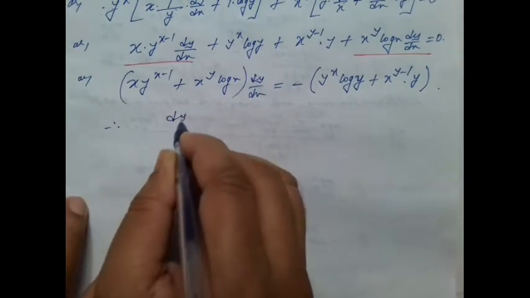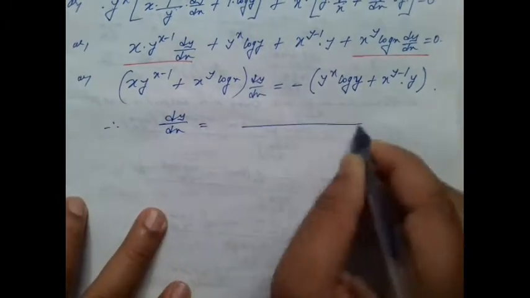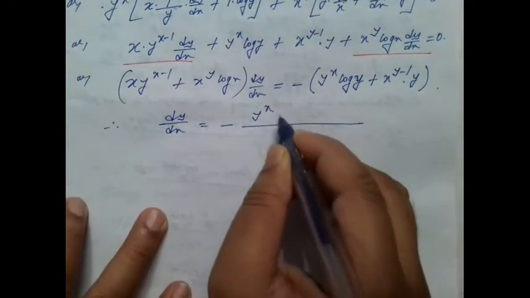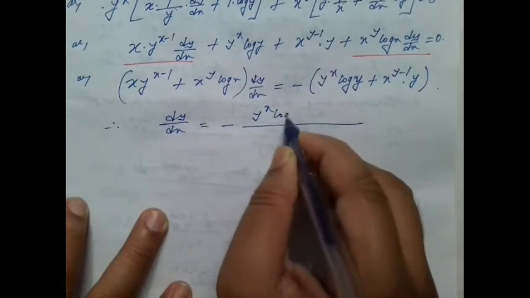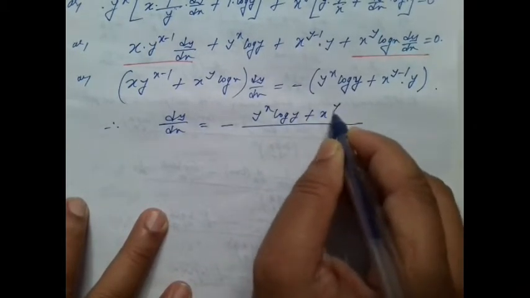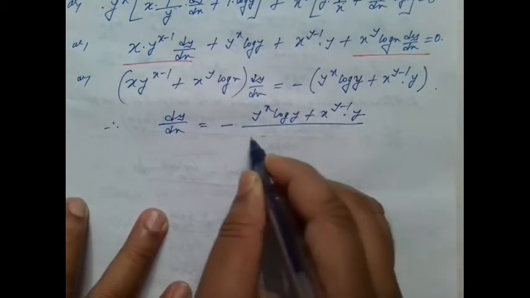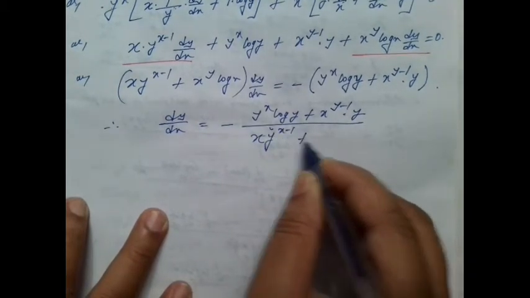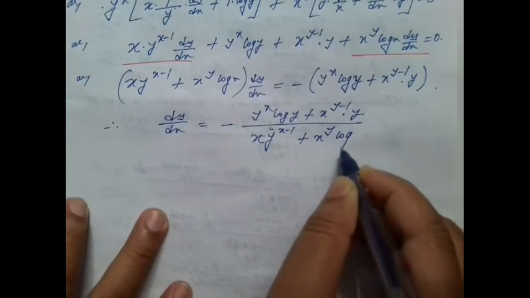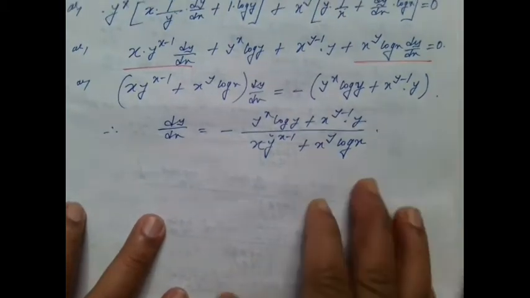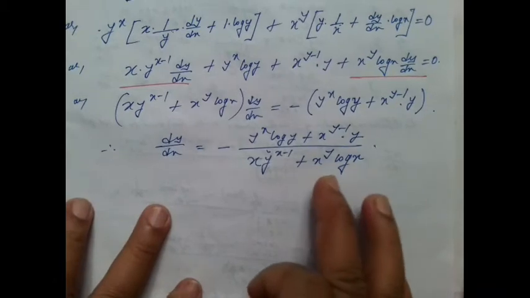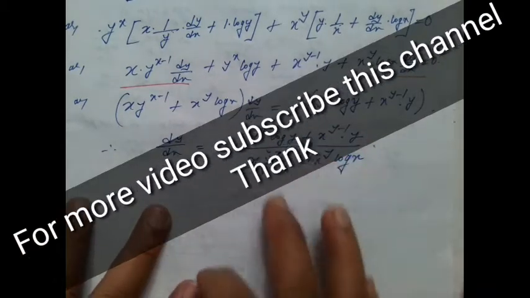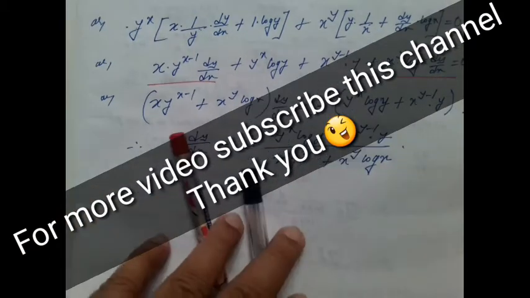Finally our answer: therefore dy dx equals minus, in the numerator y to the power x log y plus x to the power y minus 1 into y, divided by x y to the power x minus 1 plus x to the power y log x. So this is our dy dx from the given function.